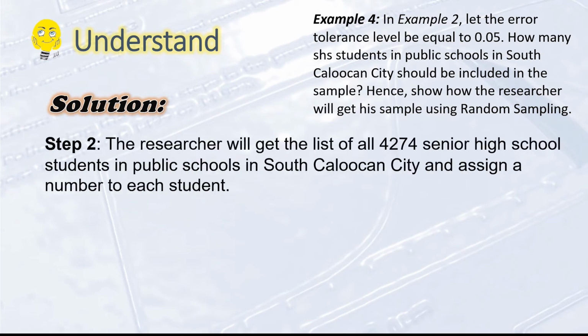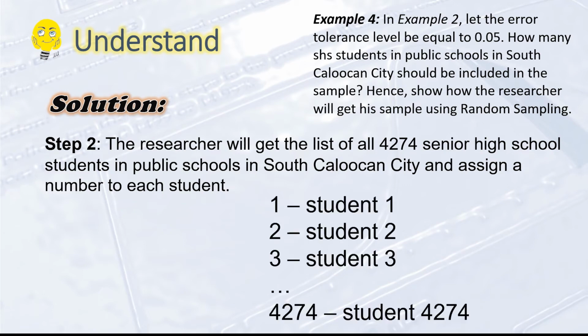For the next step, the researcher will get the list of all 4,274 senior high school students in public schools in South Caloocan City and assign a number to each student, such as 1 for student 1, 2 for student 2, 3 for student 3, and so on until student number 4,274.